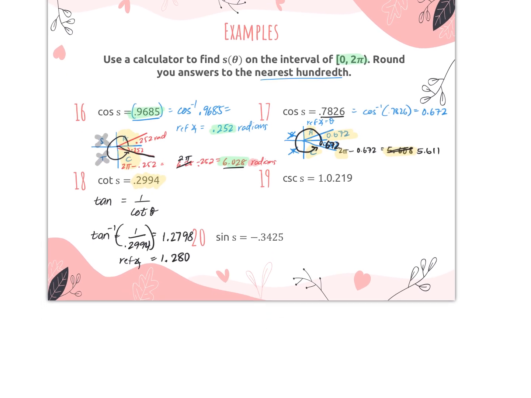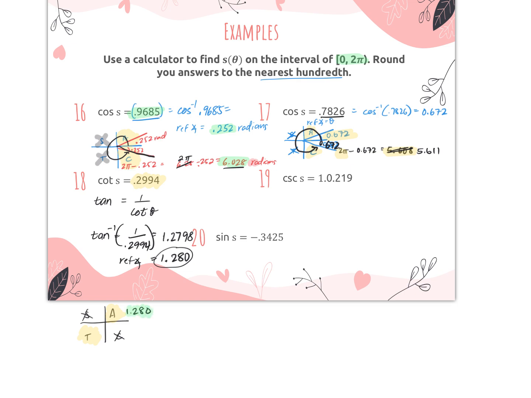And again, now I look at my cotangent and I see that it's positive. All students take calculus. And I know my tangent and cotangent are positive in quadrant 1 and quadrant 3. And so I know that in quadrant 1, the reference angle is the answer. So here, this is one of my values, 1.280.